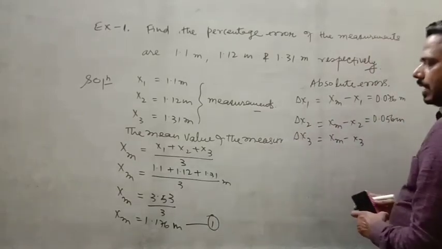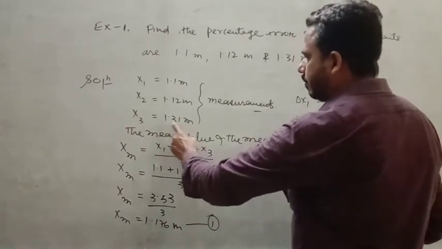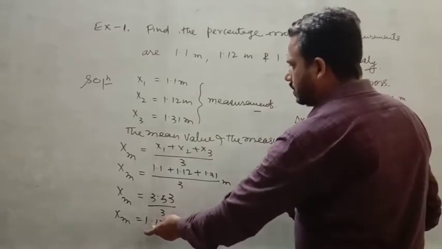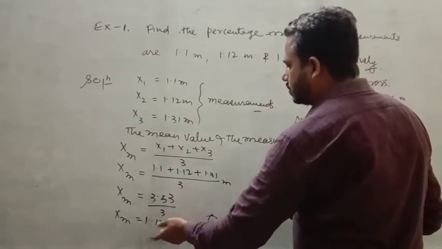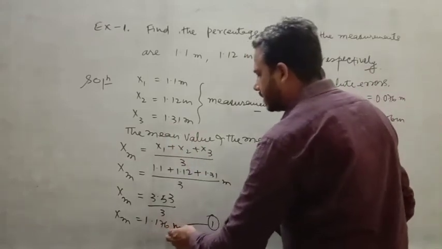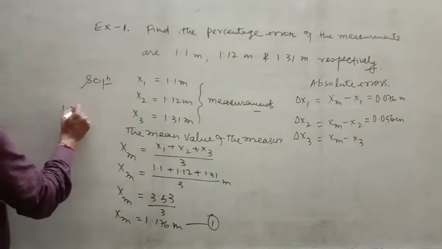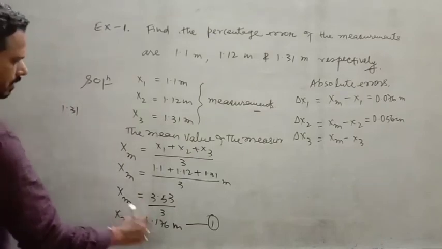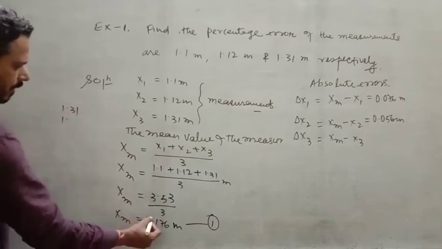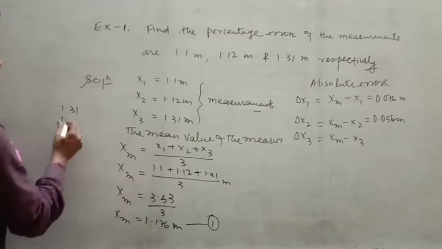Now, for the third one, you have to subtract 1.31 from your x mean. Because 1.31 is greater than 1.176, I am subtracting 1.176 from 1.31.